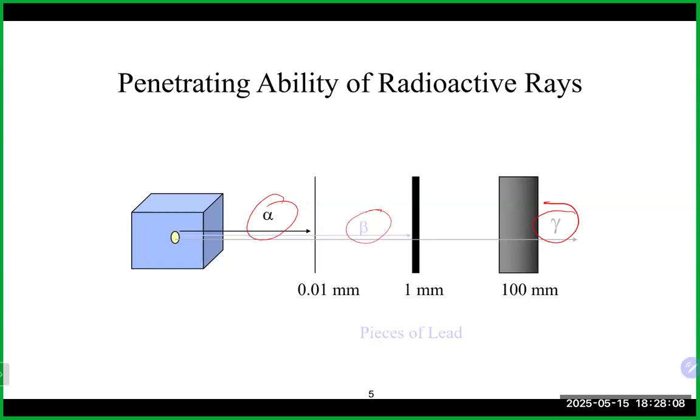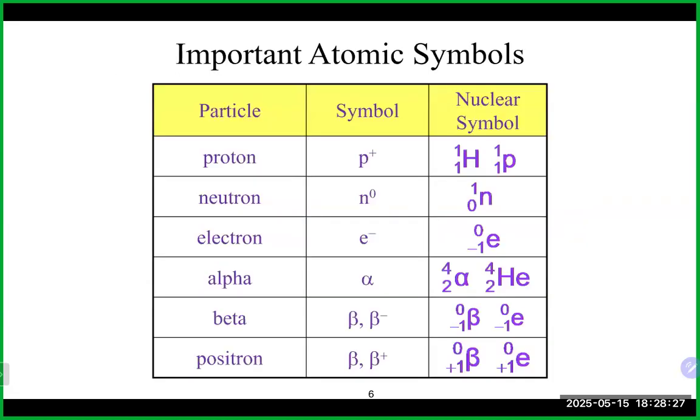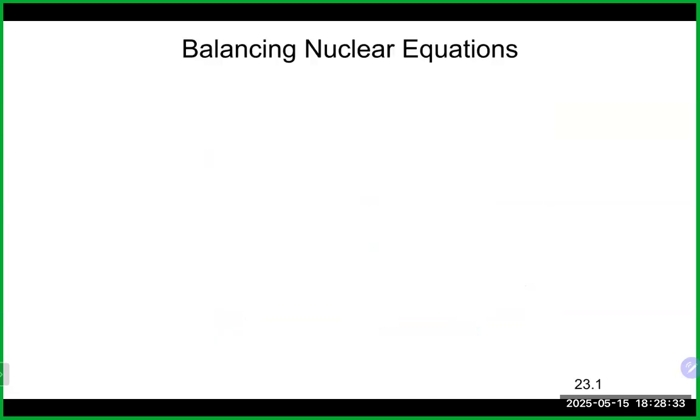Sometimes you just need gloves and a lab coat, and sometimes you need a lot of lead and some distance and safety between you and those things. So obviously gamma rays go very, very far into tissue, and beta also goes pretty far. Alpha, not so bad. Here are some of those symbols again, in case you didn't like the first ones.